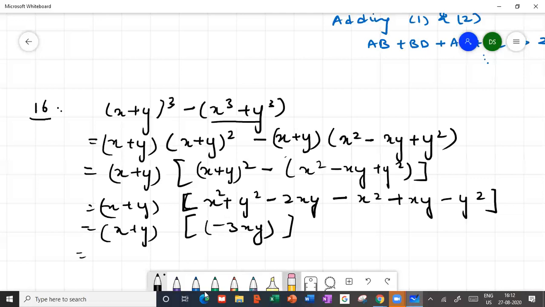Okay, yeah, my bad. Oh no, it was correct only. This is plus, this is also plus, plus 3xy. So these two are the factors, nothing but x plus y and 3xy.